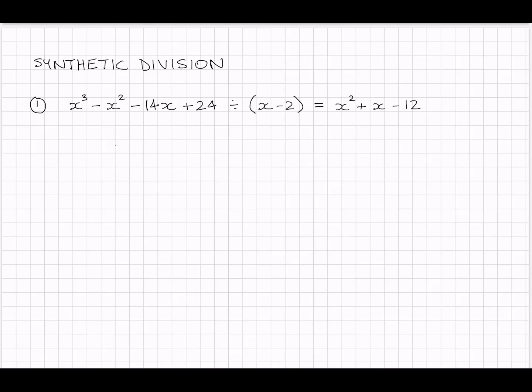Now, the approach for synthetic division is we draw this half rectangle, and we begin with the question, what value of x would make this 0? And hopefully it's clear to see that would be 2, because 2 minus 2 is 0. So we write the number 2 outside here.